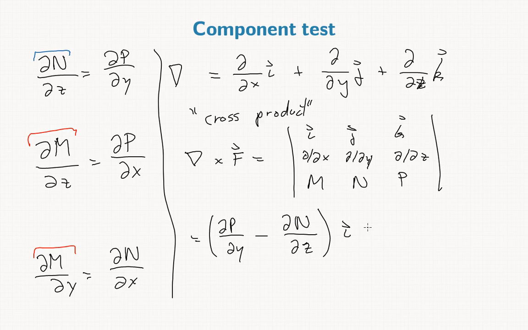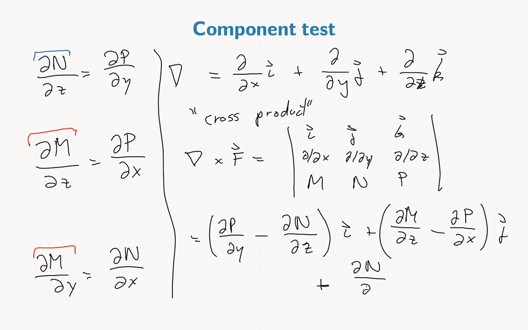And then j, this will be del m by del z minus del p by del x, plus k, del n by del x minus del m by del y. This cross product is called the curl of f.